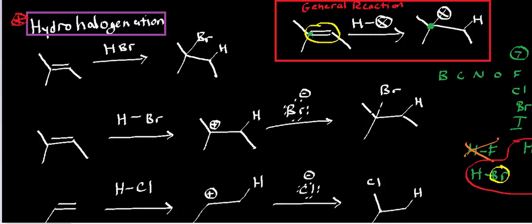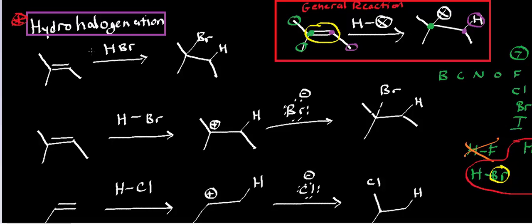Notice this carbon right here has 2 substituents. The other one, over here, only has 1. So we would say the one in green is more substituted, so the halide will preferentially go there. The other one, which is purple here, is going to end up with the proton, or the hydrogen. And that's the general reaction of hydrohalogenation.